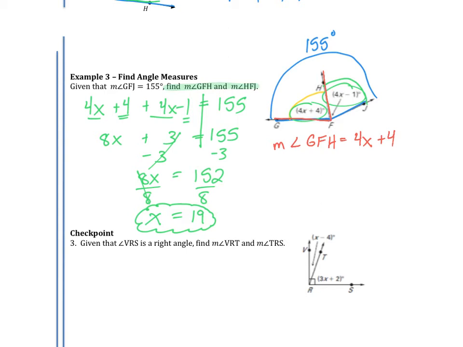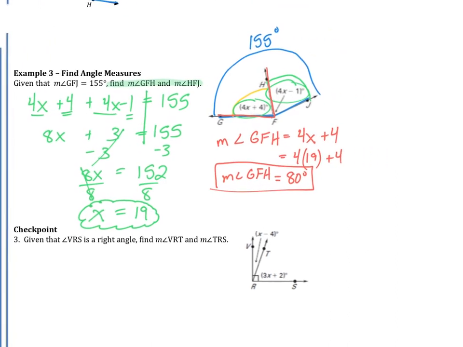So now you take 19 and you plug it in. 4 times 19 plus 4 is 80 degrees. So GFH is 80 degrees.